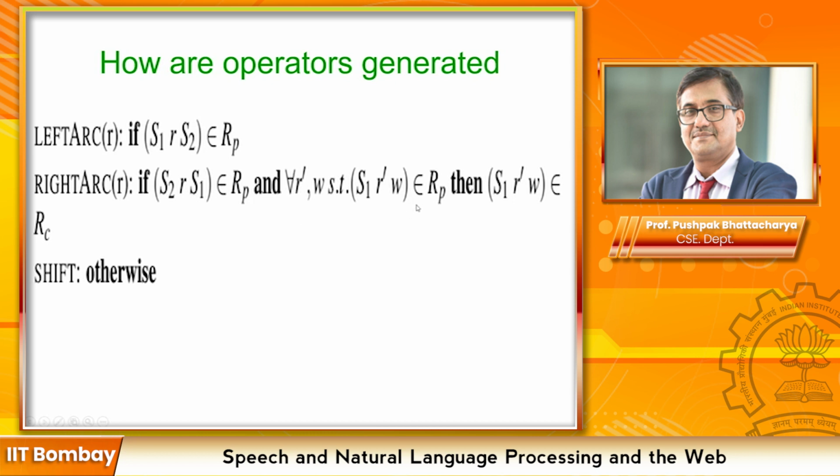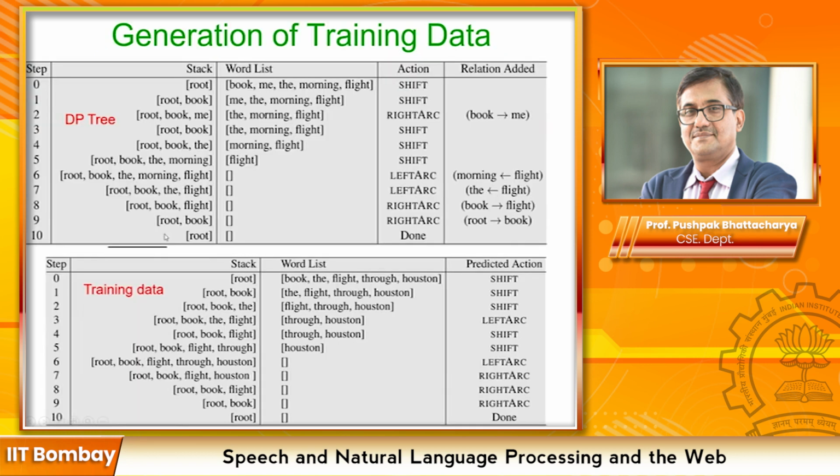So if any of these conditions, in particular the second clause, is false, then this rule is not applied. And we are predicting only the labels. We are generating the training data, so we are predicting these labels here. Sir, shouldn't it be at least one rather than for every R' W?